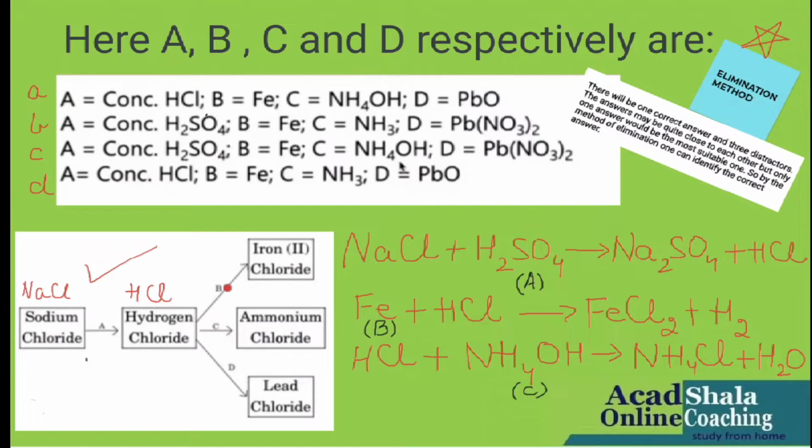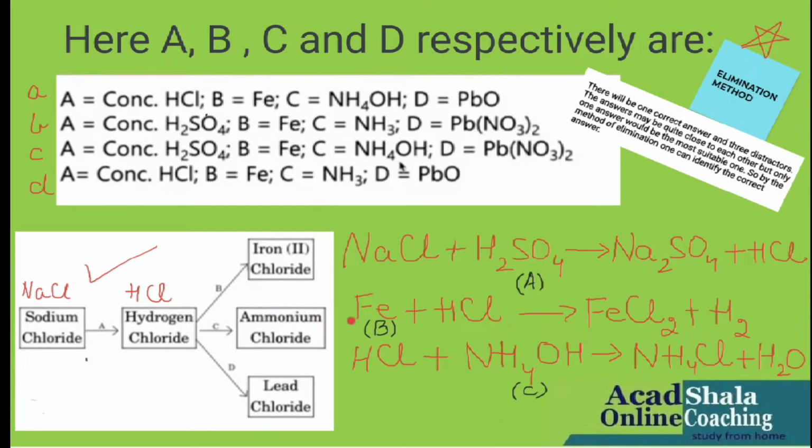Now, what is this B over here, which reacts with hydrogen chloride and forms iron(II) chloride? It's very simple, children. Iron(II) chloride cannot be formed without iron, and B is nothing but iron.